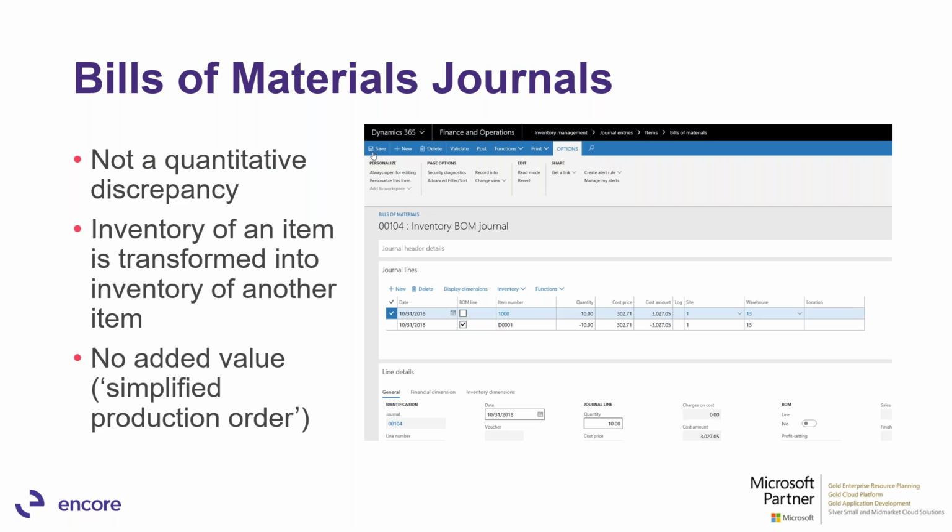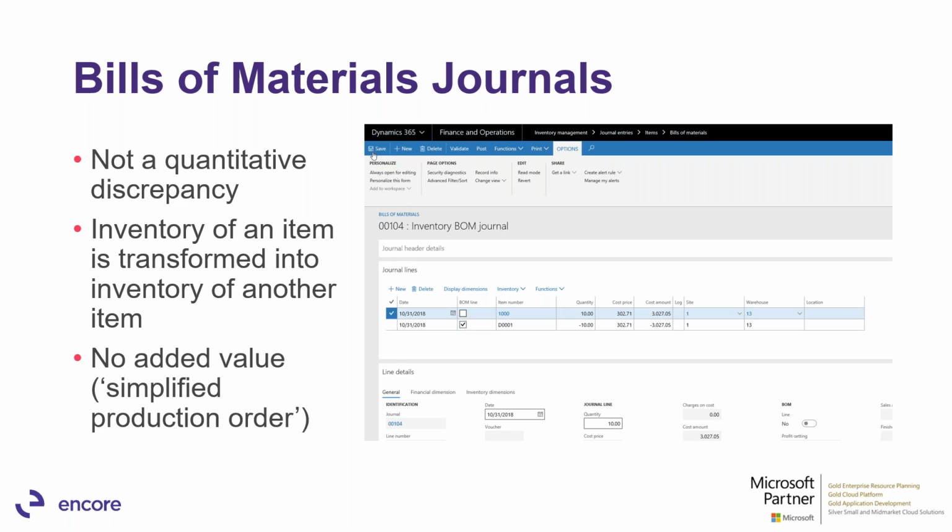And it also controls the costing of these updates automatically. It always makes sure that the value of the negative lines equals the positive line that you are adding. So there's no room for human error on that. So that's the BOM journal.